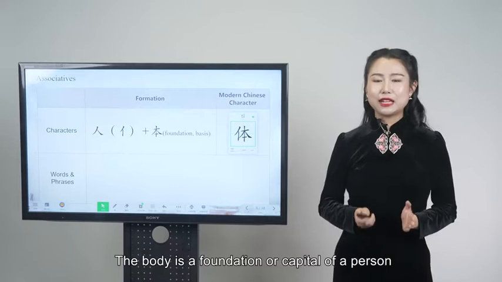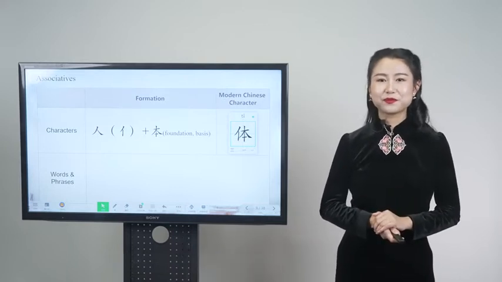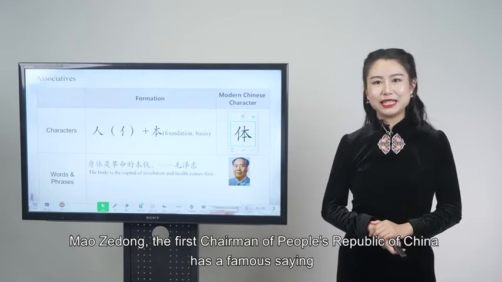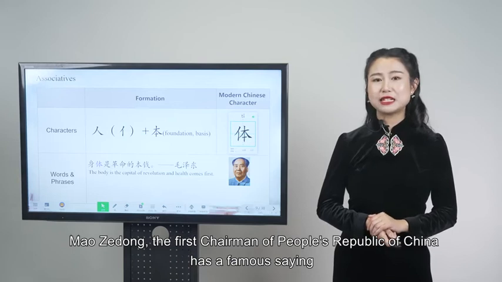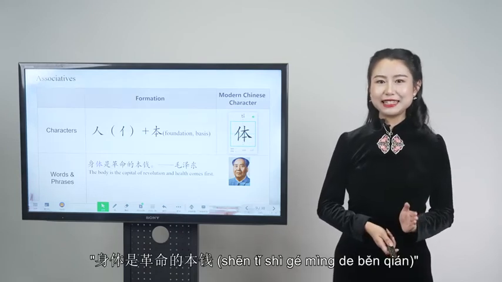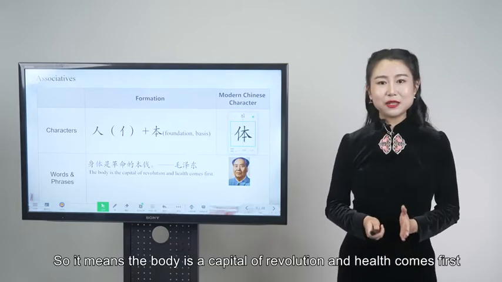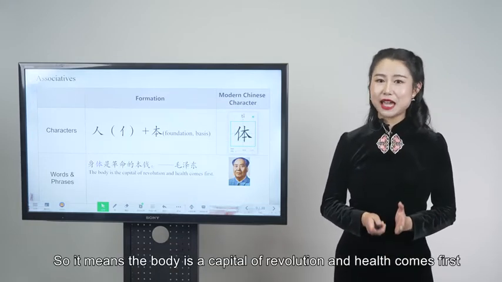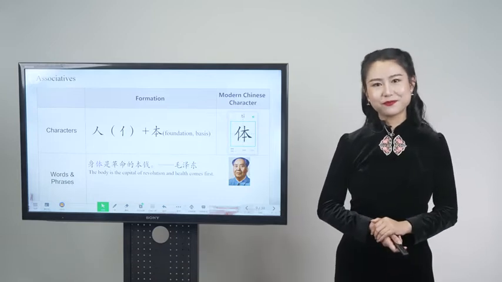The body is a foundation or capital of a person. Mao Zedong, the first chairman of the People's Republic of China, has a famous saying, 身体是革命的本钱. It means the body is the capital of revolution and health comes first.